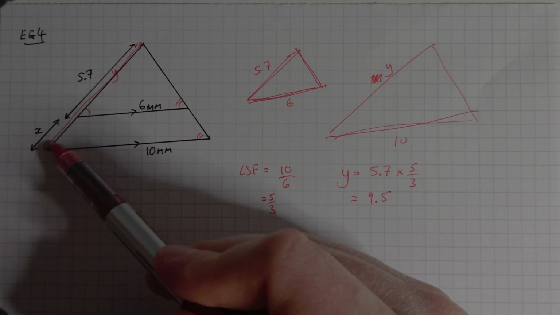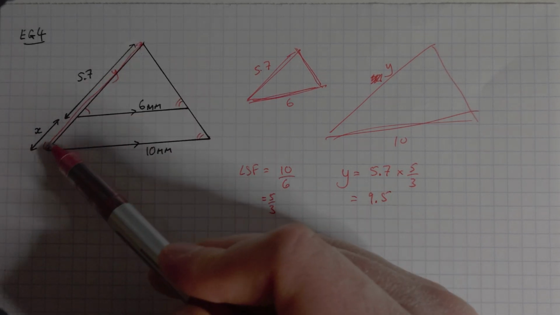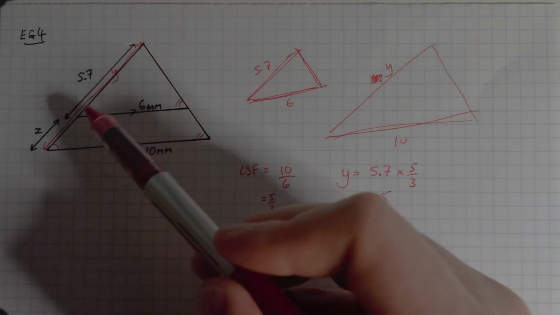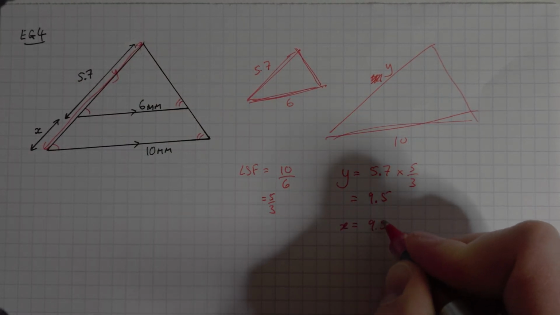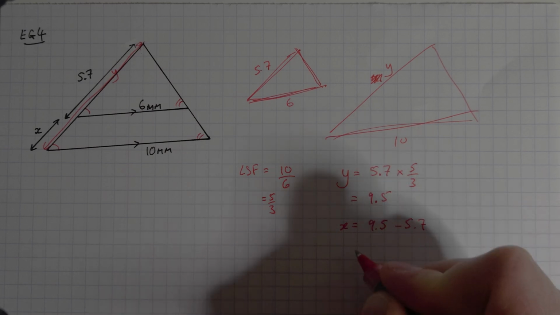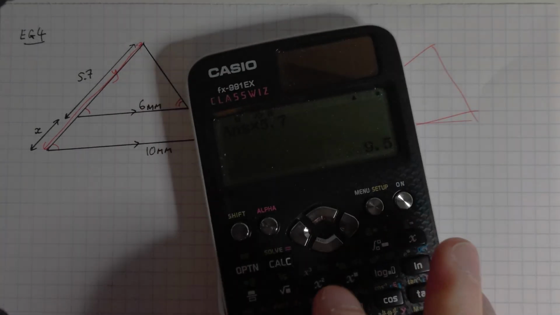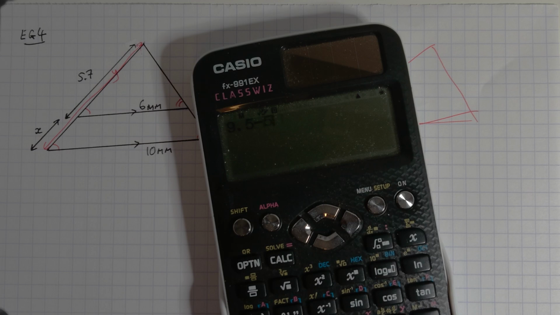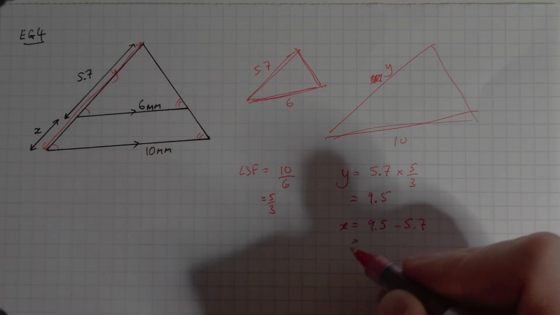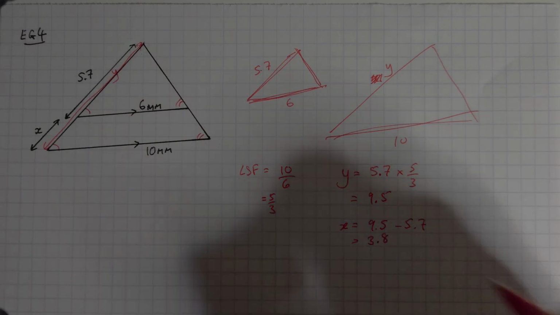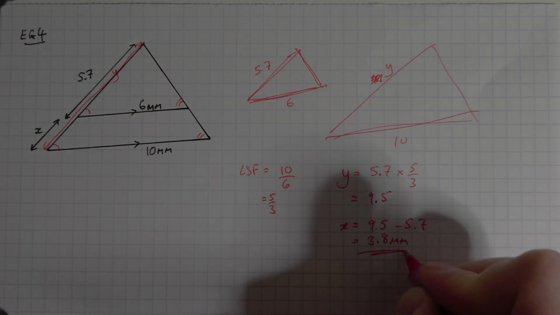So if I know the entire red length here is 9.5, I just take off 5.7 to leave me with the x. 9.5, take away 5.7, and I'm left with 3.8. This time the units are millimetres.